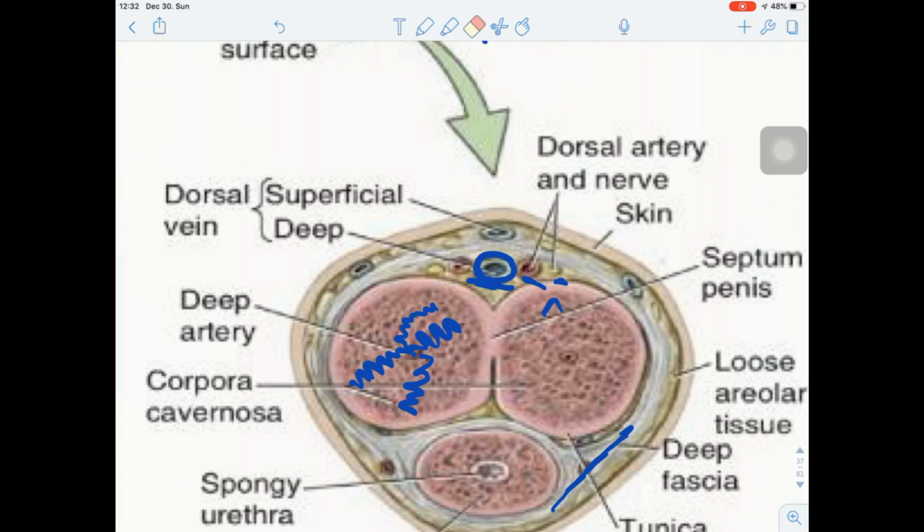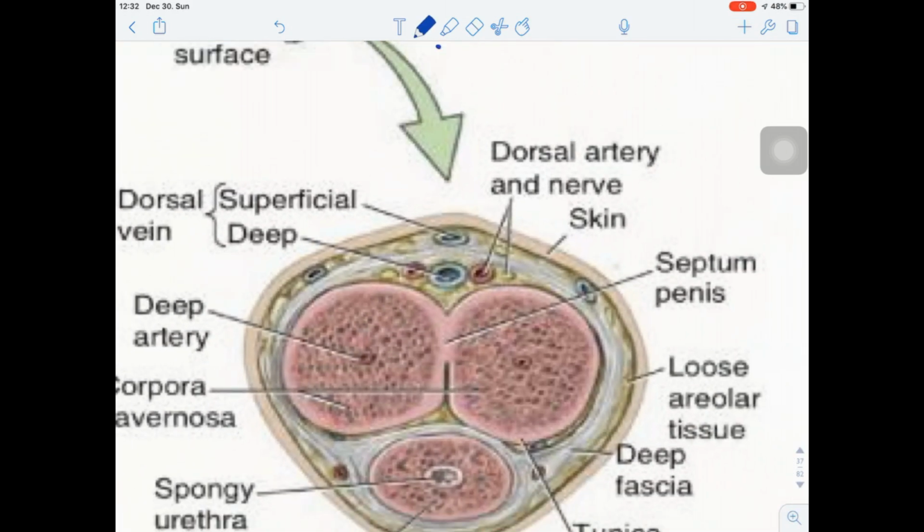On each side of it you have the dorsal artery of the penis, and lateral to that you have the dorsal nerve of the penis. So vein, artery, and nerve from medial to lateral: one vein, two arteries, two nerves.